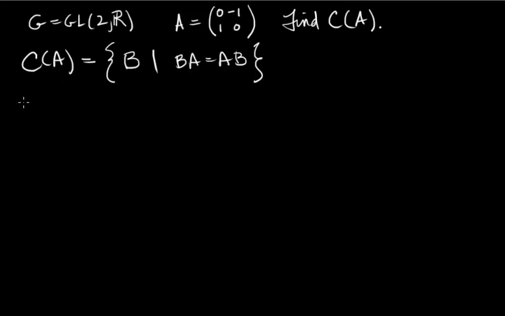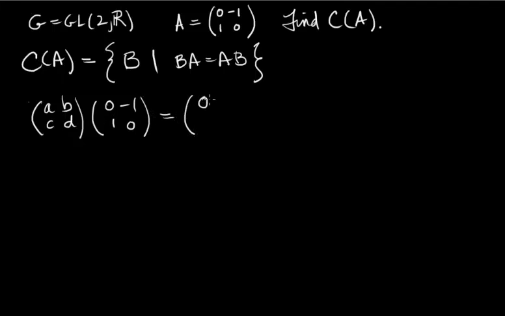Well, let's see how we could characterize these matrices B. If we take a matrix A, B, C, D and require it to commute with our given matrix A, then this would be true.